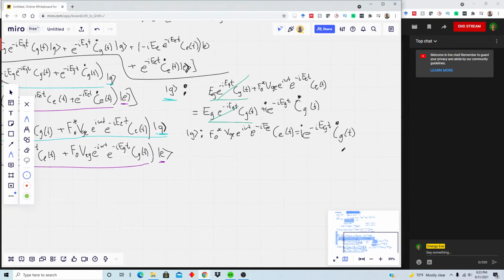Okay, and so let's further simplify this by moving this exponential to the other side. We can do that by multiplying both sides by e to the plus i e_g t.